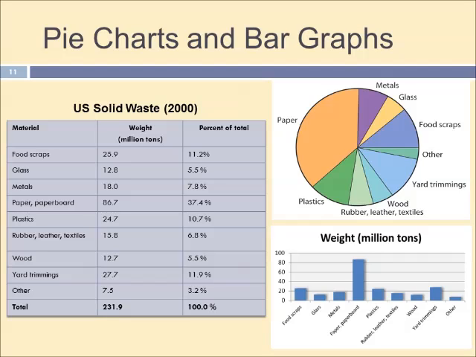In the pie chart, the size of the piece of pie associated with the paper shows how much of that paper takes up relative to the entire amount of solid waste. Whereas in the bar graph, we clearly see that paper is the biggest, but we also can easily compare that to any of the other categories. So it's easier to compare different categories in a bar graph.